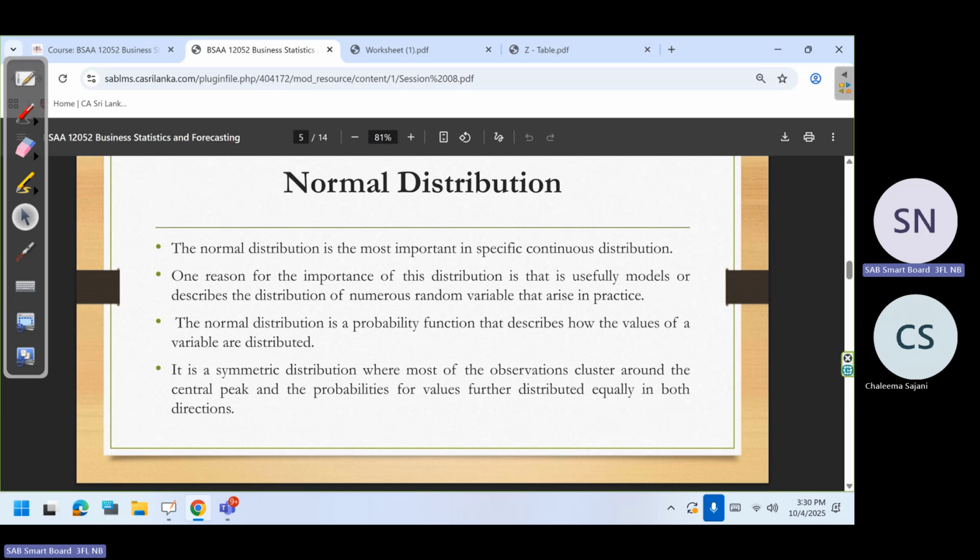Most of the time we use the normal distribution rather than the binomial or Poisson, because most of the variables in the real world are continuous, not discrete. Also, when we move into statistical analysis, they take only the normal distribution, not the binomial or Poisson.